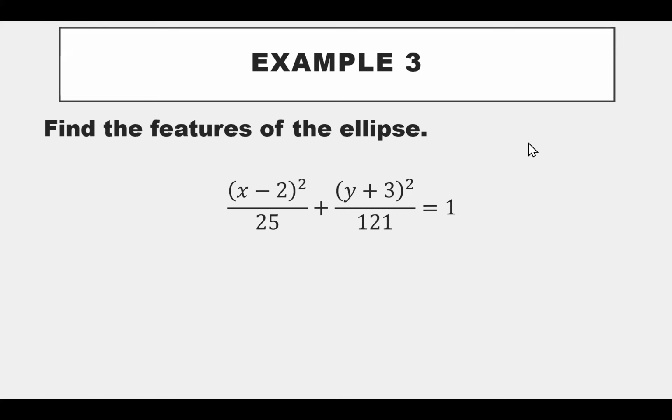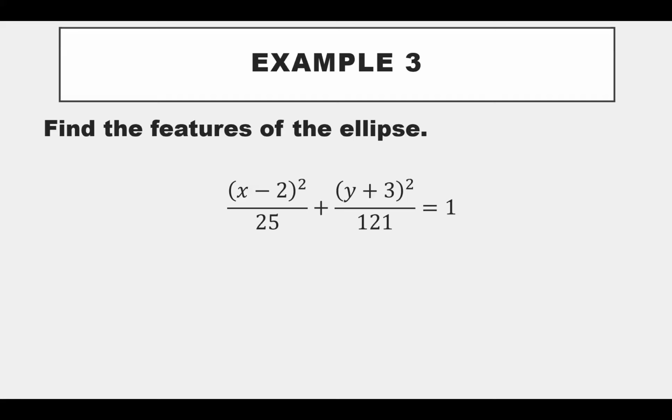Now, speaking of that ellipse, that'll give us a good idea of how to find features of the ellipse. Since we did this in cases where the center of the ellipse was at the origin, and we've done the same thing where the center of the circle is at the origin and the center of the hyperbola is at the origin and the vertex of the parabola is at the origin, we'll just do one example where we find the features where the origin is not the center or the vertex.